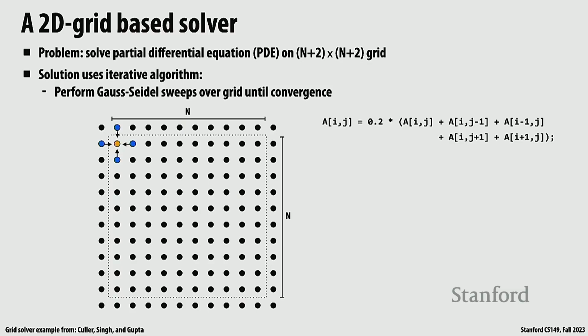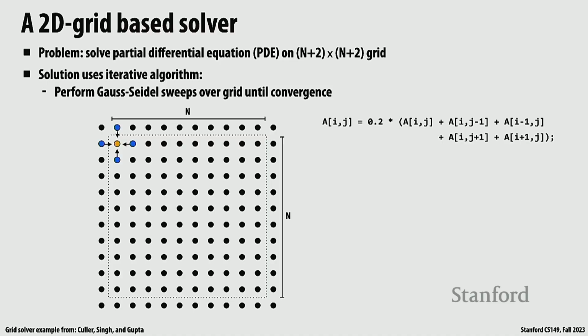The details of that are not that important, but computationally, what it basically does is blur out the grid. The new value at the yellow location is going to be the average of the surrounding values. We're going to iterate on this and bring it to convergence, so that if I change the blue value here, that should cause some update in the yellow value.